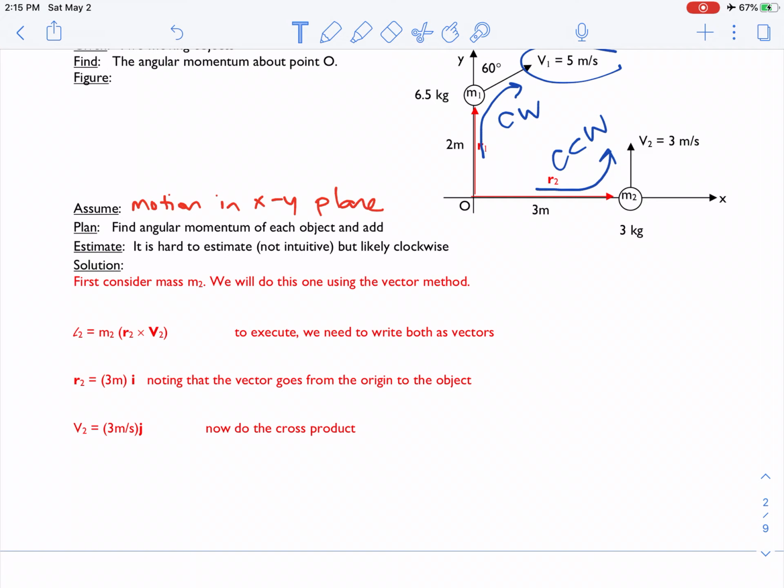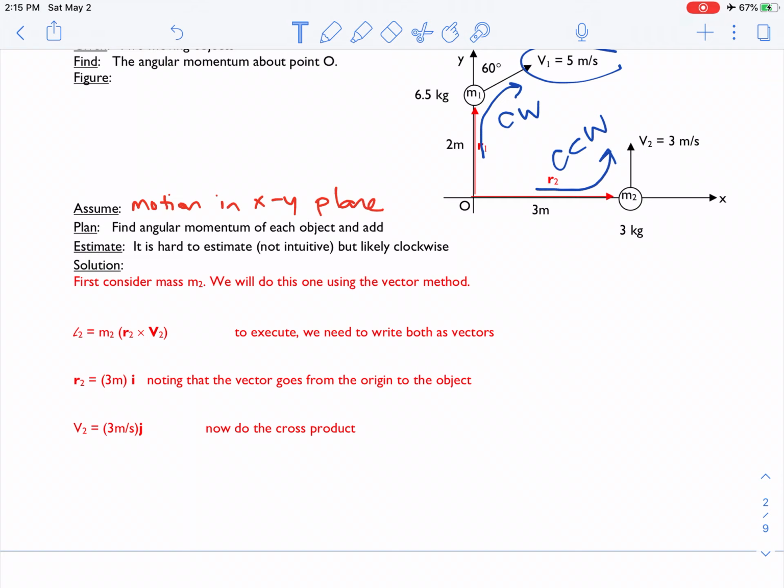In the solution, we're going to do both of them just to show you that both ways are fine. In the first case, we're starting with M2, because it's nice that R2 and V2 are perpendicular to each other.